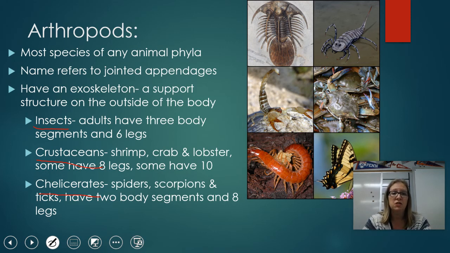The crustaceans tend to have a harder shell, a harder exoskeleton, and they can have 8 to 10 legs. Okay. And then we get to our chelicerates. I really should figure out how to pronounce that. Our spiders are included in that, as well as our scorpions and ticks. They only have 2 body segments, and then we're up to the 8 legs. Okay, we all know that about spiders, right? They've got those 8 legs.